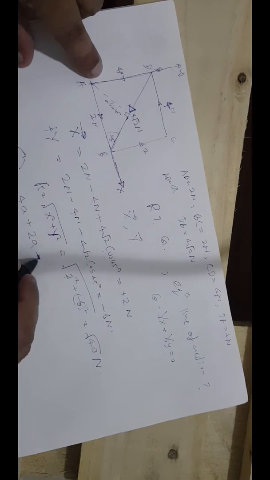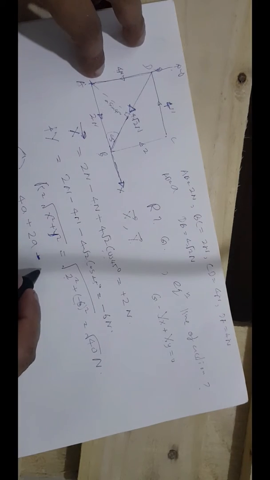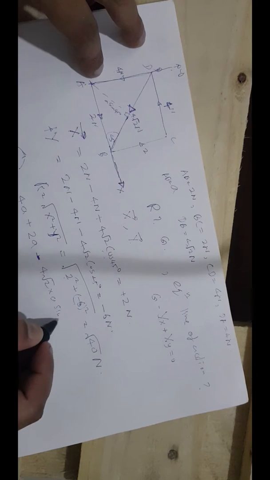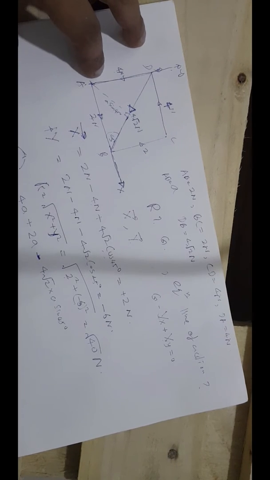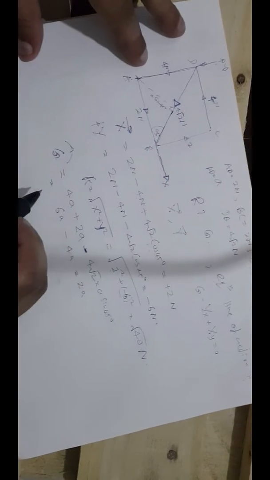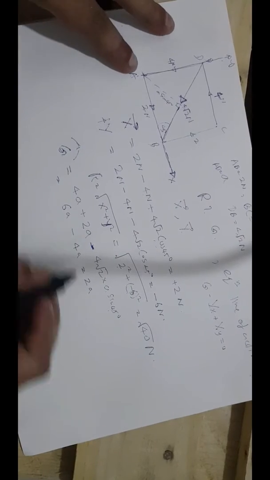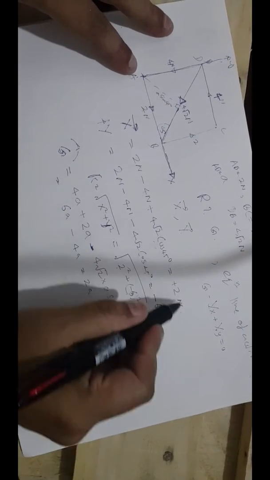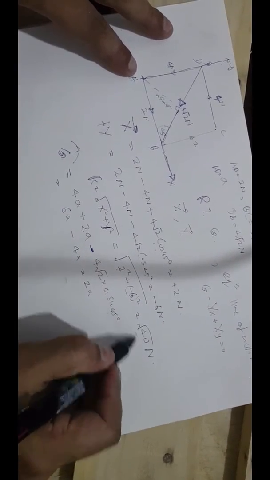So minus, since this is giving a clockwise moment, 4 root 2 into A sin 45. Now this gives you 6A minus 4A, which is 2A. This is the moment. Now we found the moment and the resultant force here.